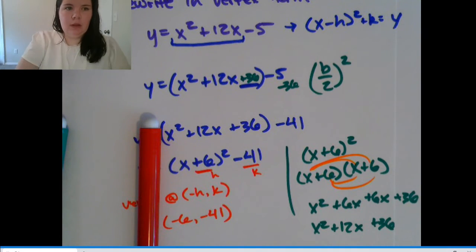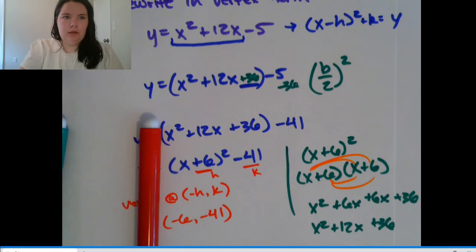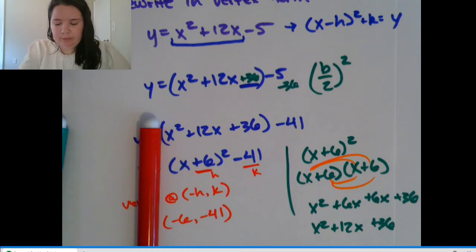All right, let's go take a look at this graph. I want to see where the vertex is of x squared plus 12x minus 5, the original problem.